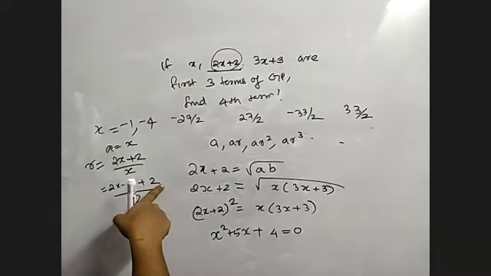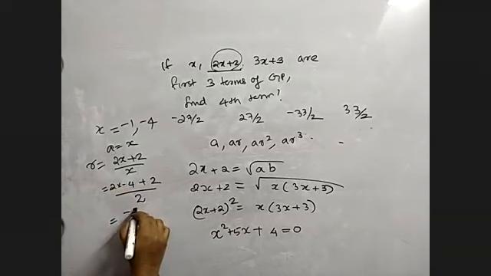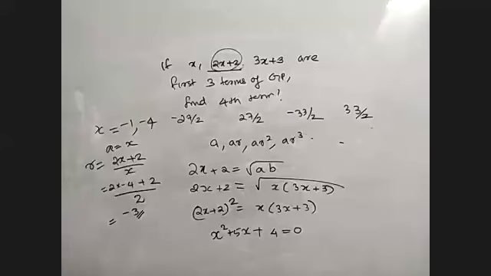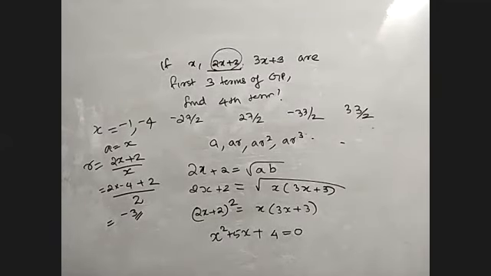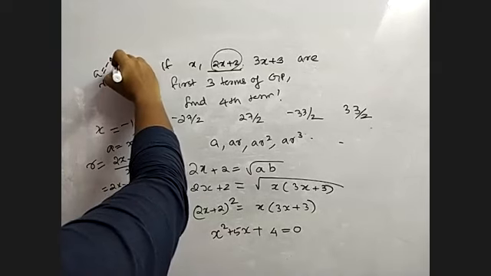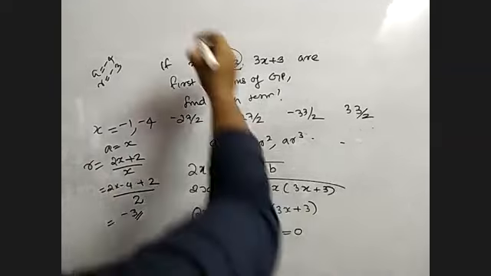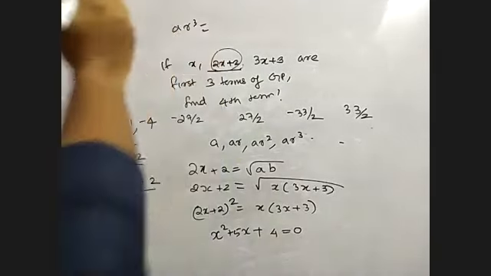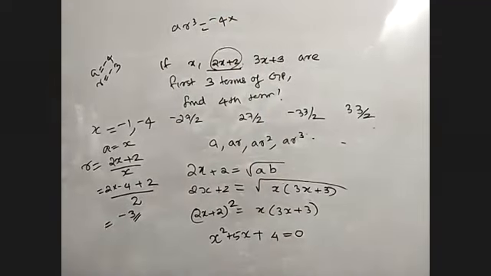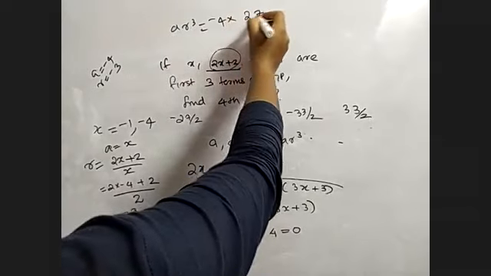So minus 8 plus 2, minus 6 by 2, minus 3. So if A is equal to minus 4, R is equal to minus 3. So A R cube is equal to minus 4 into R cube, what is R? Minus 3, so 27.